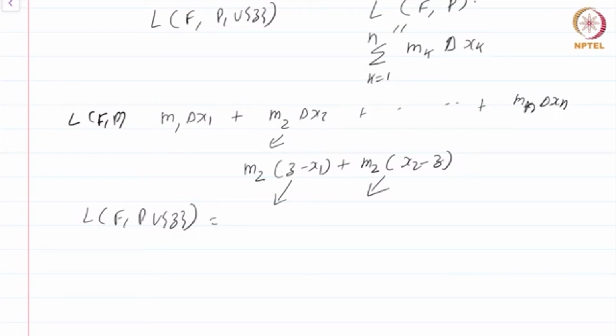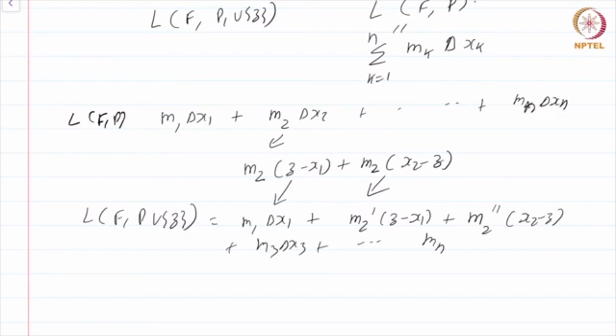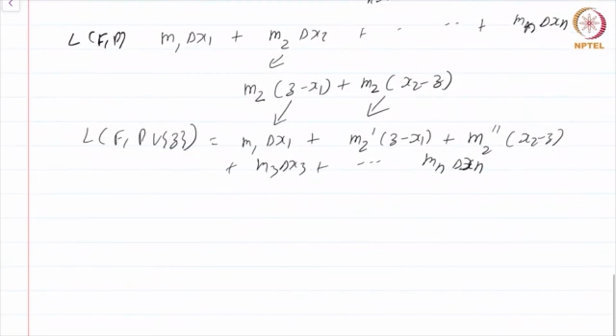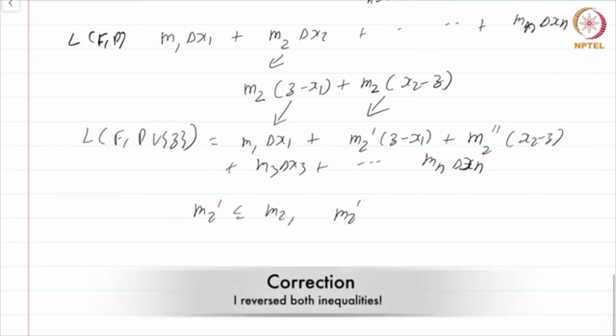So here you will have m1 delta x1 plus m2' (z minus x1) plus m2'' (x2 minus z) plus m3 delta x3 plus dot dot dot mn delta xn, and we have m2' is greater than or equal to m2, and m2'' is also greater than or equal to m2.